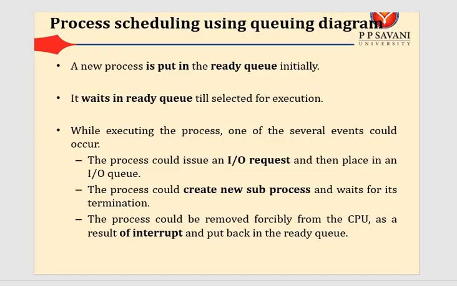First, the process could issue an input output request and then be placed in an input output queue. Second, the process could create a new sub process and wait for its termination. And third, the process could be removed forcibly from the CPU as a result of an interrupt and put back in the ready queue.